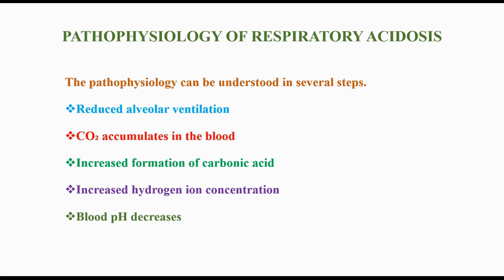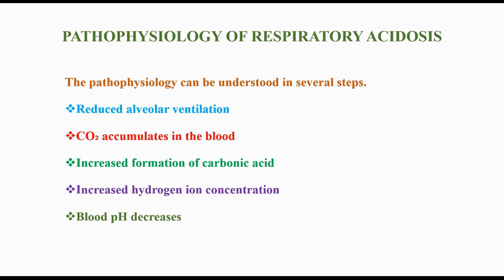Because ventilation is inadequate, the lungs cannot eliminate the normal amount of carbon dioxide. As a result, carbon dioxide begins to accumulate in the arterial blood. This produces increased PaCO2. The increase in PaCO2 is referred to as hypercapnia. The retained carbon dioxide then combines with water molecules to form carbonic acid.